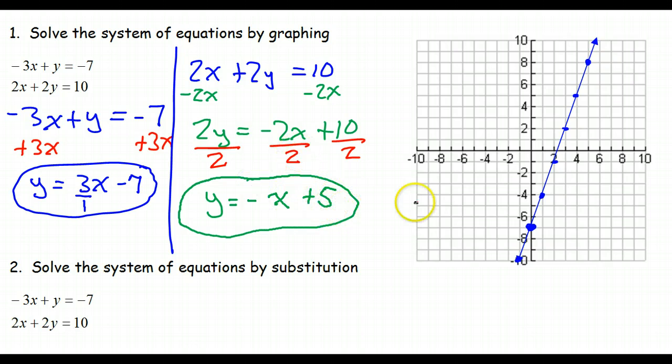Again, 5 is the y-intercept, so let's start there. There's my y-intercept. Now I need the slope. There's an understood 1 here that normally doesn't need to be written. So you can think of this as negative 1 over 1. So that's down 1, right 1. So starting from the y-intercept, down 1, right 1 is going to be like this.